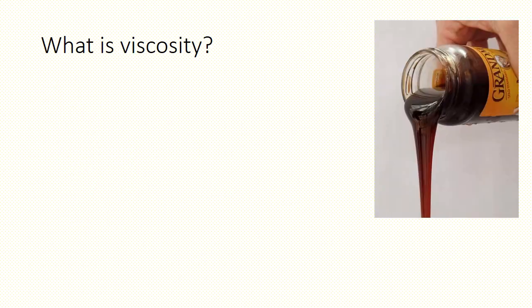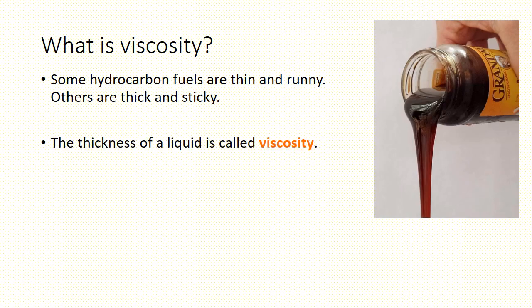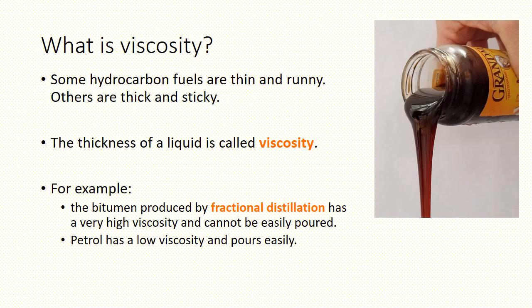So we've already had a bit of a chat about what viscosity is, and again we can see a thick viscous liquid here. So if we extend this into hydrocarbon fuels, some hydrocarbon fuels are thin and runny, whereas others are thick and sticky. The thickness of the liquid, as we said, is called viscosity.